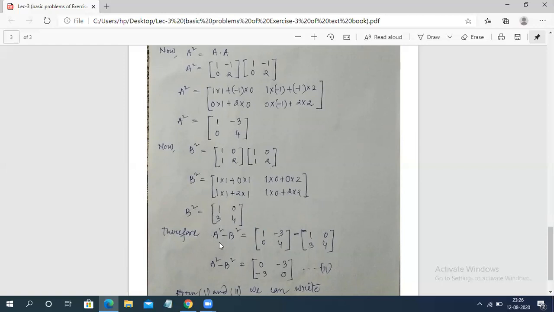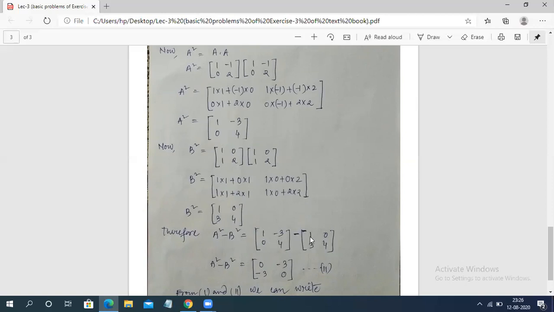Now, by the property of matrix subtraction, A square minus B square. Here the value of A square is 1, minus 3, 0, 4, right here. Then B square is 1, 0, 3, 4, right here. Now subtract the corresponding elements of A square and B square.